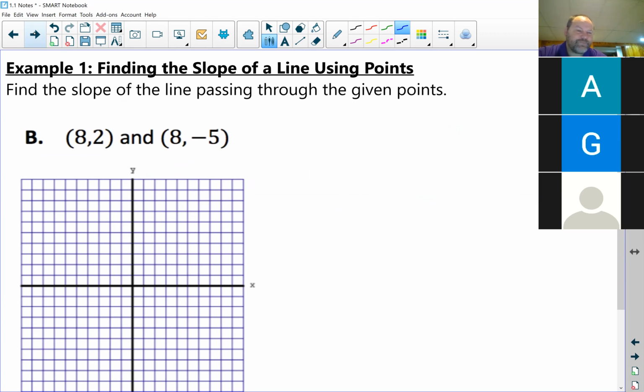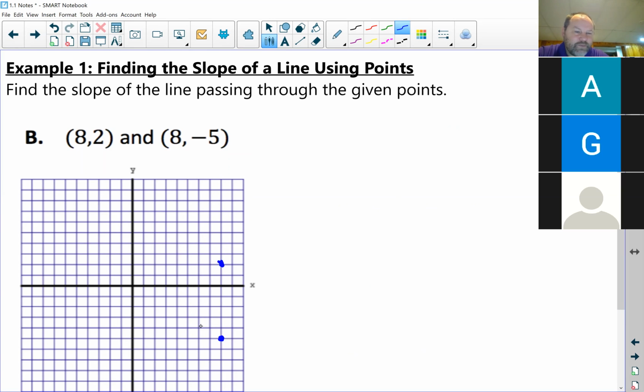Now we have a line through the points (8, 2) and (8, -5). So again, the 8 tells me to move to the right 8. 2 tells me from that point, move up 2.